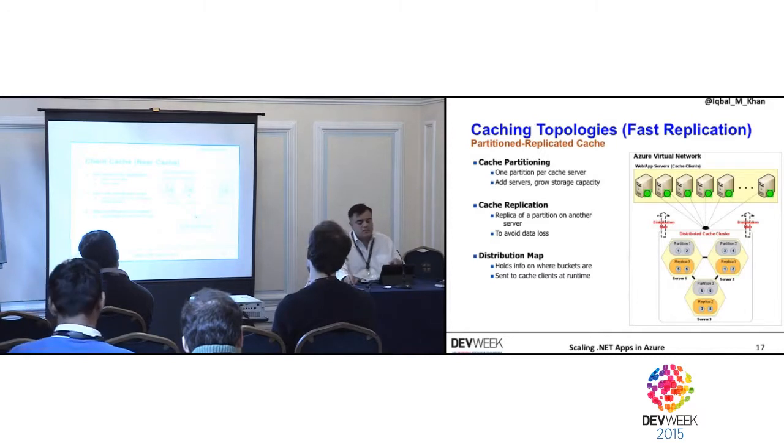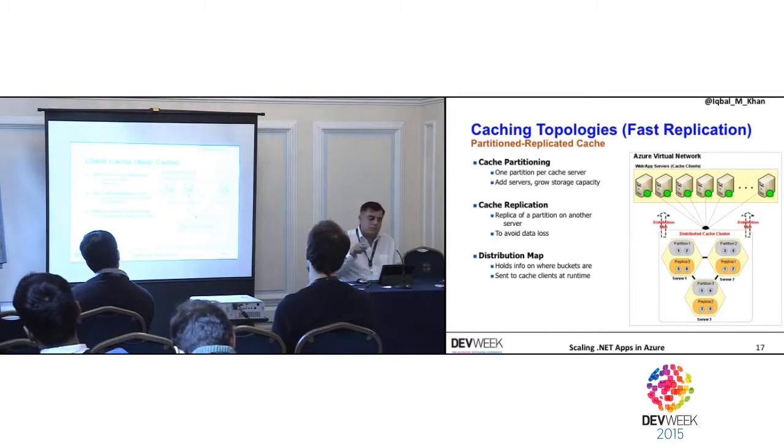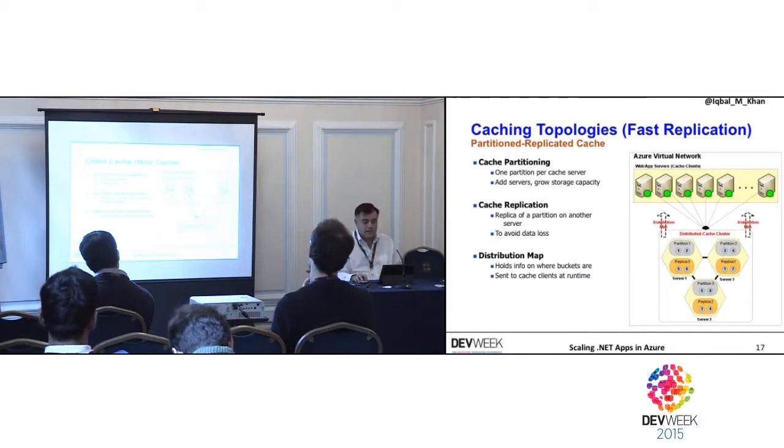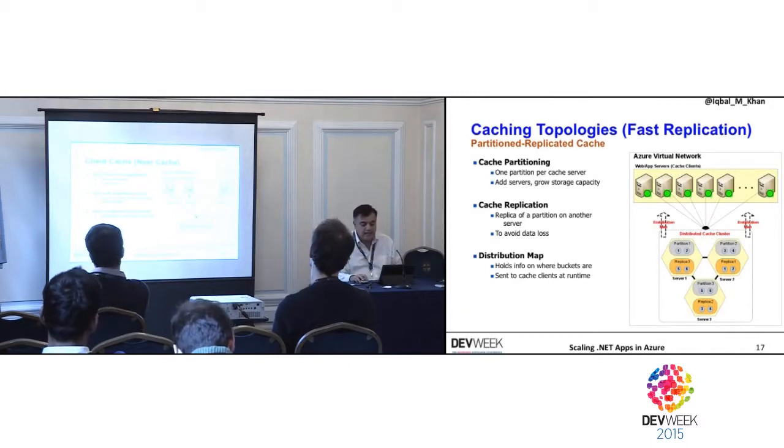The beauty of the client cache or the near cache is that it is as local to you as the ASP.NET Cache object, but it is connected to the distributed cache. And again, many of the distributed caches provide this feature, and this client cache plugs in without any extra programming. You're programming as if you're talking to the distributed cache, and the client cache just intercepts things behind the scenes. And this is like a cache on top of a cache.